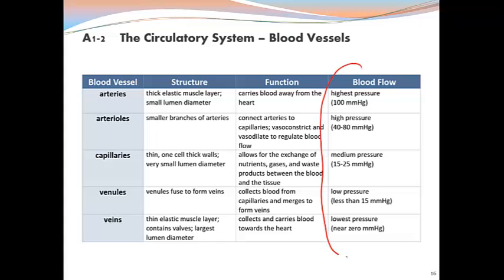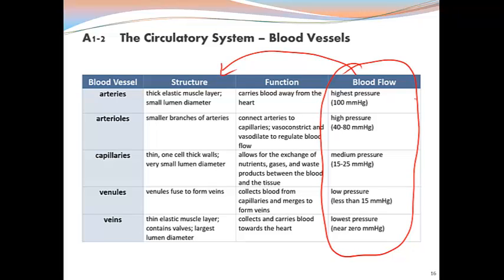But in this third column, please understand how blood pressure goes from highest to lowest, and also how that pressure explains what the structures look like. So of course, arteries have the highest pressure, taking blood away from the heart. That makes sense that they have a thick elastic muscle layer. With all that pressure, you would need a thick elastic muscle layer.